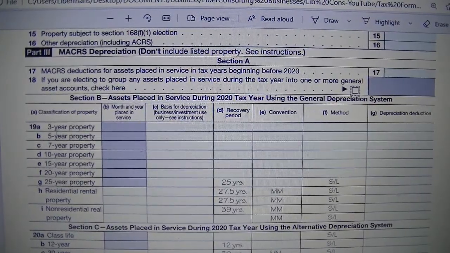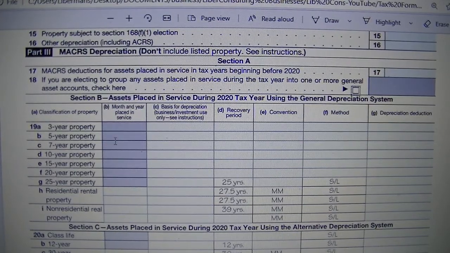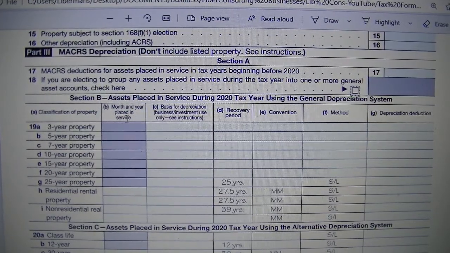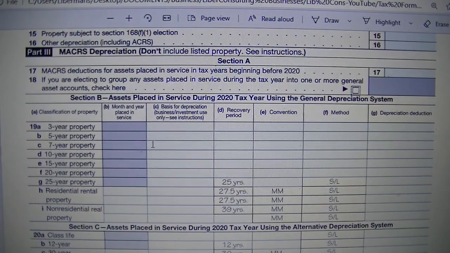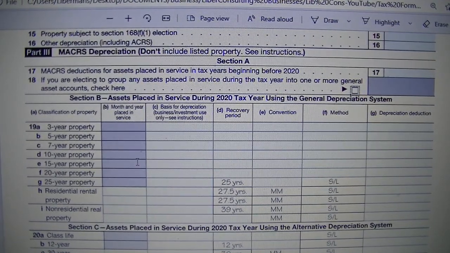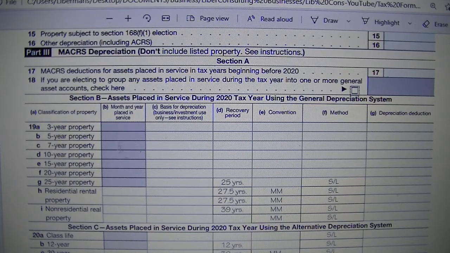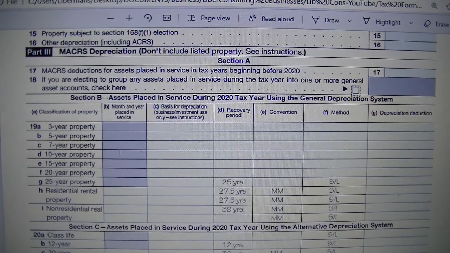A is classification of the property, B is month and year placed in service, and the way they have it, that means you are not going to fill out this part. You are not going to put it here.